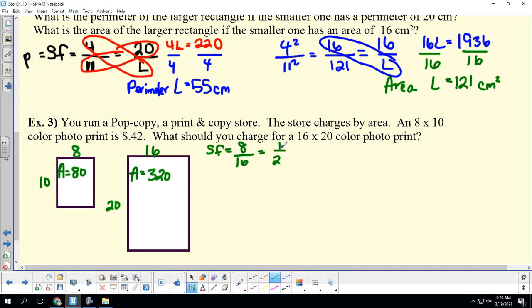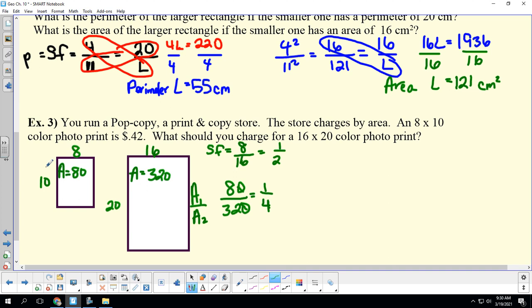So I want to show you both ways. If we look at this, the ratio of the areas is 80 over 320. When we reduce this down, well, the 10s cancel, 8 goes into 32 4 times, so it's 1/4. You could do it this way. So this is the area ratios. Or you could look at it like this.